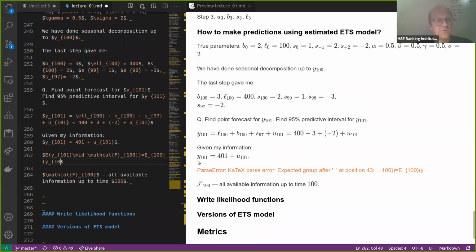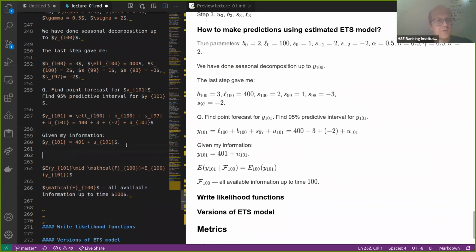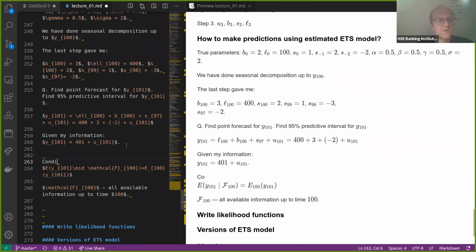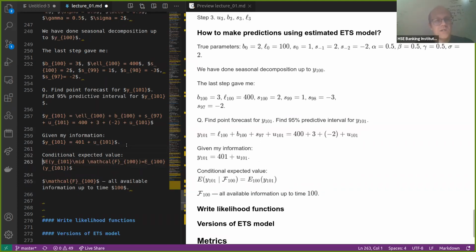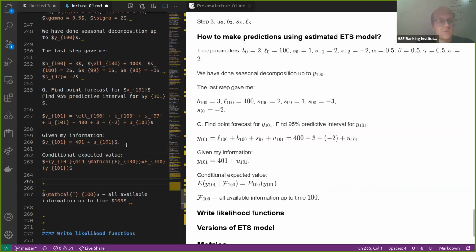It's the same thing. Some authors like it with F. This is the conditional expected value. Okay, and now what is the conditional expected value?